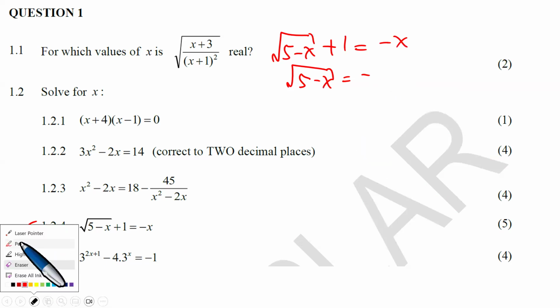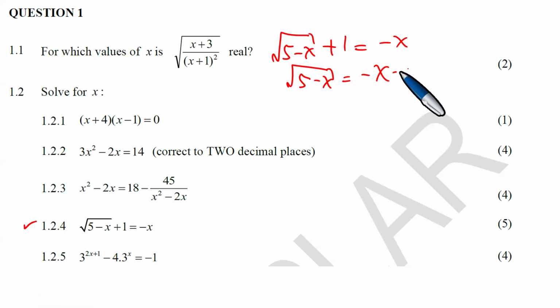Okay, right, so first then we have minus x minus 1. Because it's a big square root that is like the umbrella of everything on the left-hand side of the equation, we square both sides of the equation. So we have exactly the square root of 5 minus x.